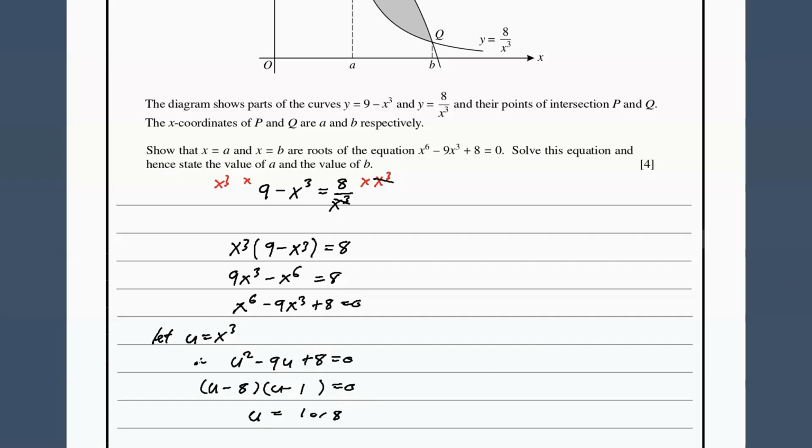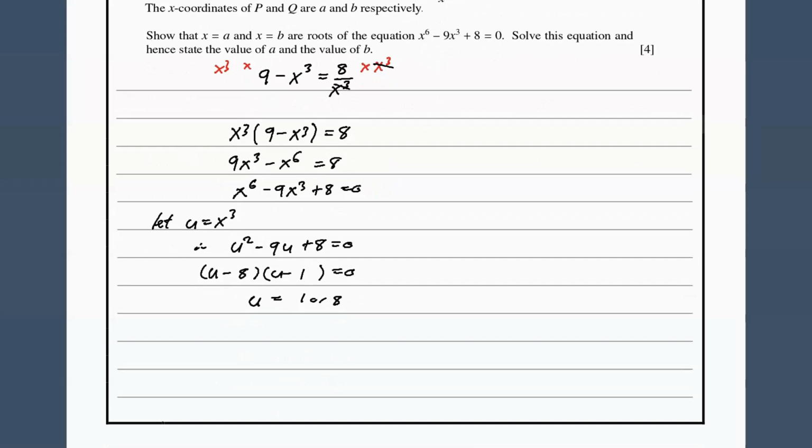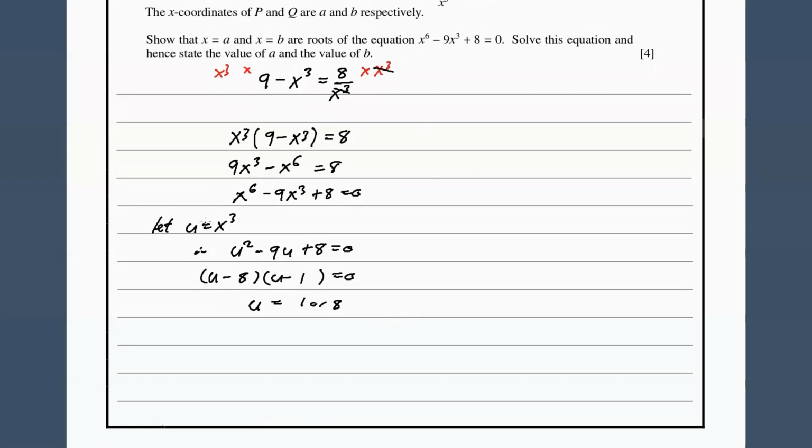And if we take back the substitution, where u is x cubed, we can therefore say that 1 is x cubed, leading to x being equal to the cube root of 1, which is 1, and 8 is equal to x cubed, leading to x being equal to the cube root of 8, which is 2.